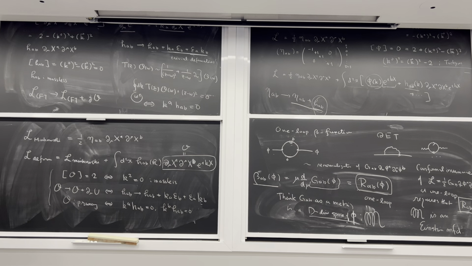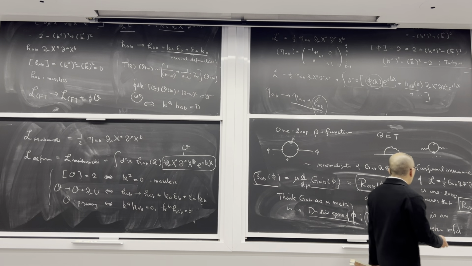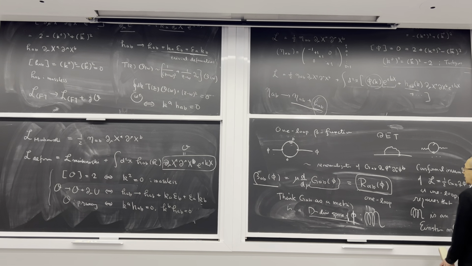This seems very nice and wonderful, except that if you want to do this more carefully and study it at higher and higher loop order, it becomes very, very complicated, and we cannot control the calculation.